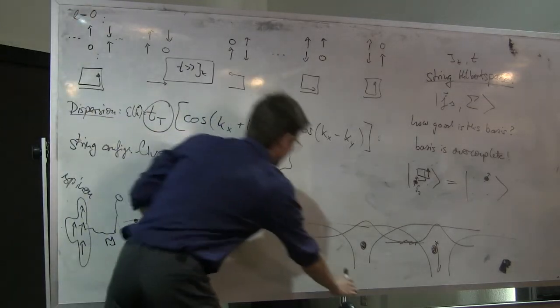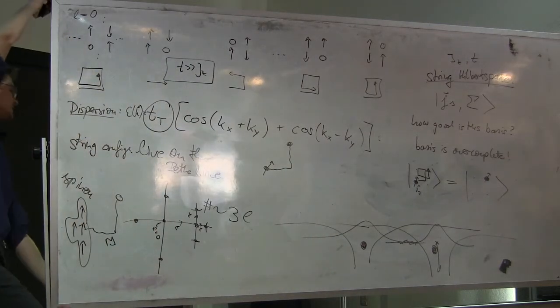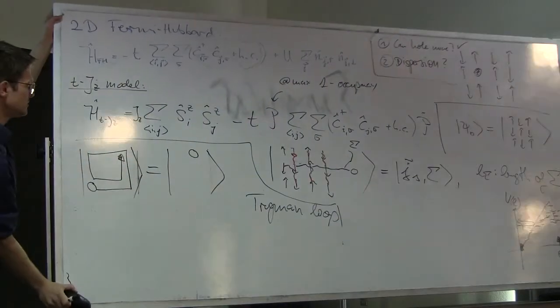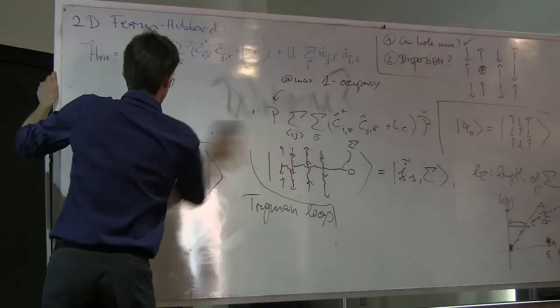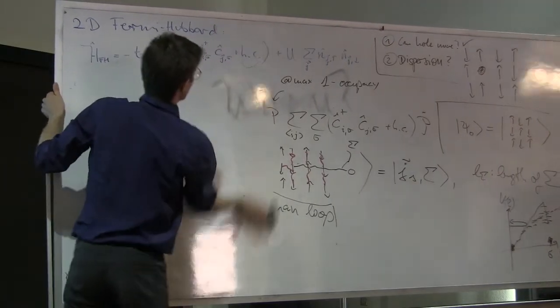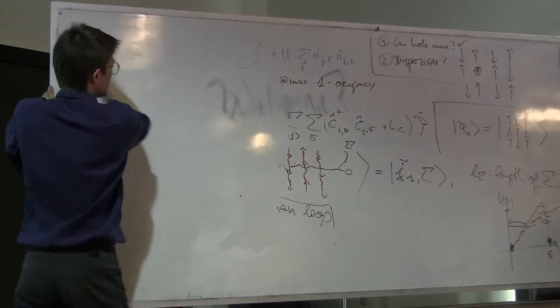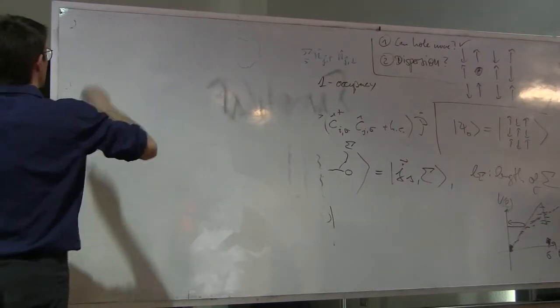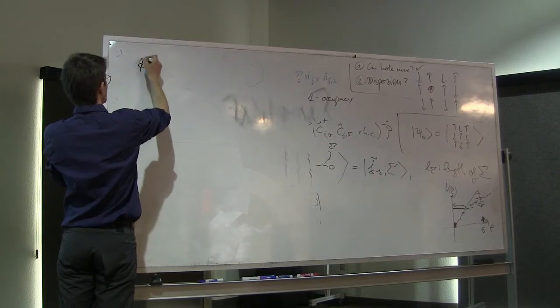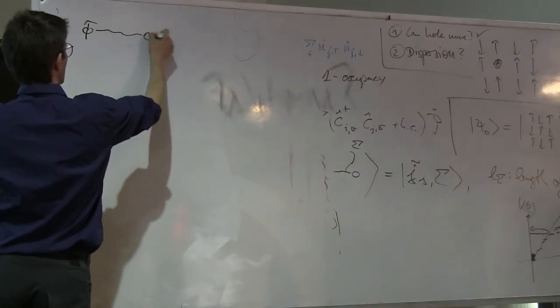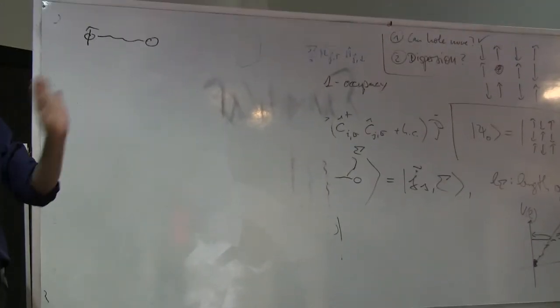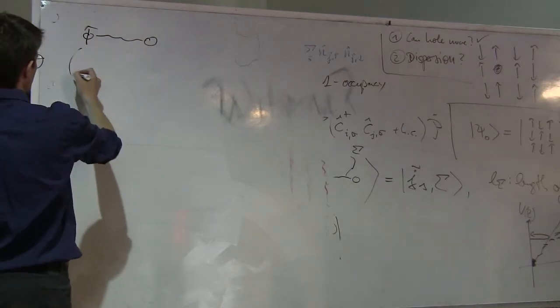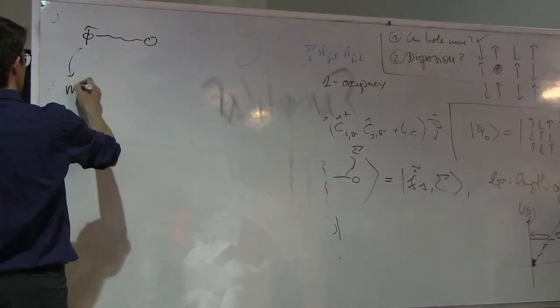So just to wrap this up, what we see then is that if we have a single hole inside this t-Jz model, we should think of it as a bound state of the spinon and the chargon. Now think of it phenomenologically. Of course, the first thing we would ask is, what's the mass of the spinon?